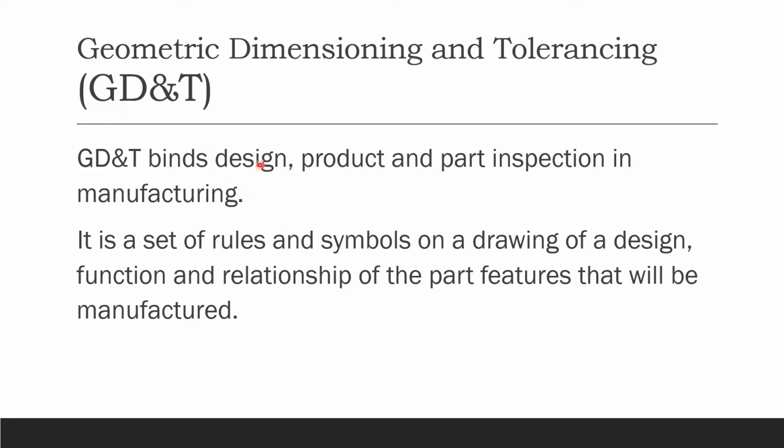You use the drawing of a design because you need the design to manufacture a product, and the rules and symbols come with that design. We use these GD&T rules and symbols to do that.